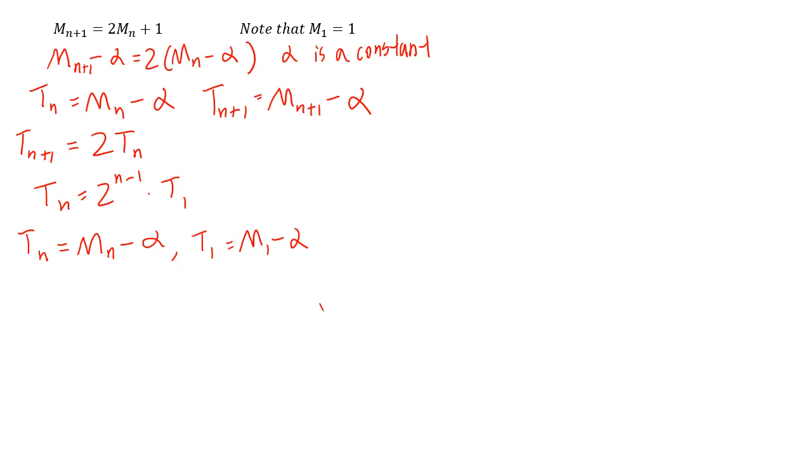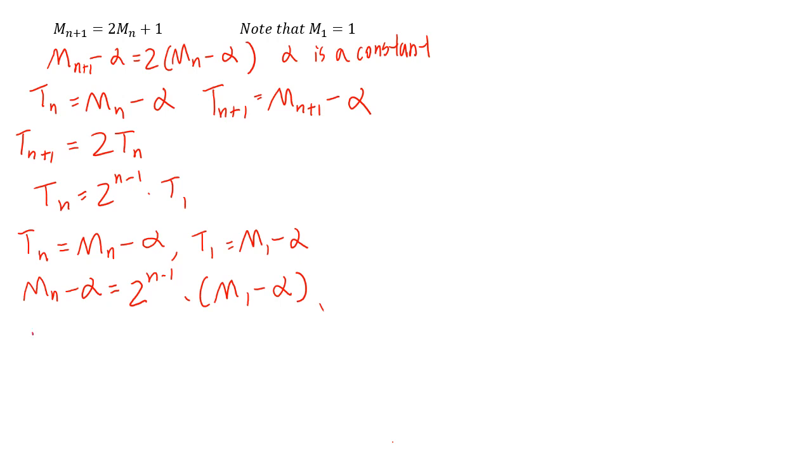Substituting these two equations into the equation above, we get Mn minus alpha equals 2 to the power of n minus 1 multiplied by M1 minus alpha.